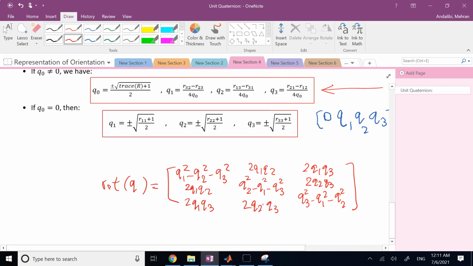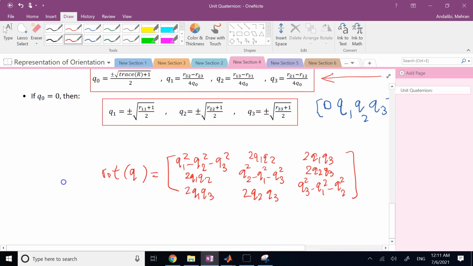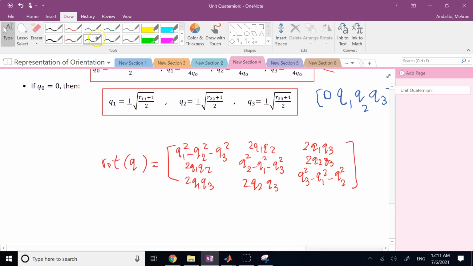Okay, so now can I find the rest of the q's when q naught is 0? And the answer is yes, I can. In this case, I do not need the trace. All I need is to simply focus on the diagonal elements. That's all I care about here.